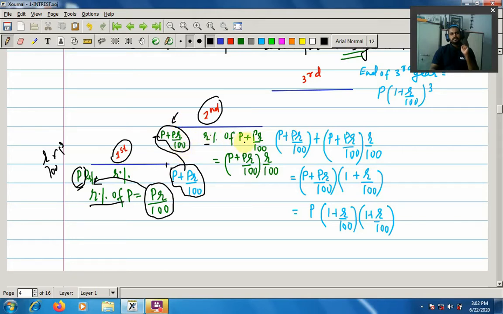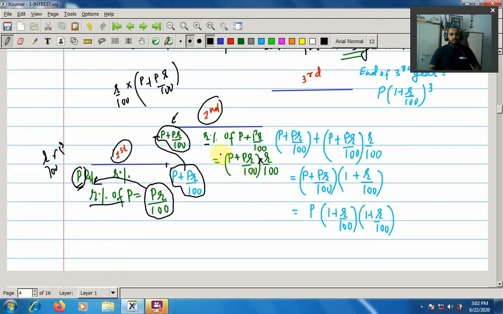And the bank is giving me interest by R% of this. So R% of P plus PR upon 100, you can calculate it. R upon 100 into this thing, P plus PR upon 100, this thing in bracket. It comes this much, R upon 100 into this bracket, P plus PR upon 100.